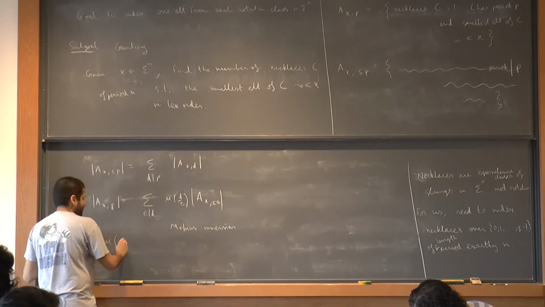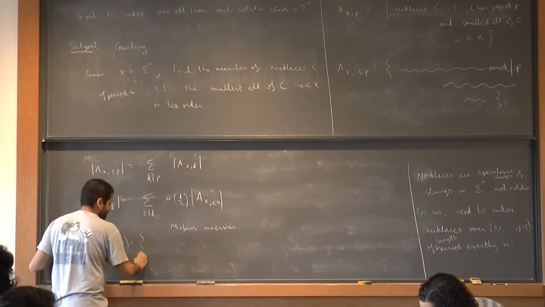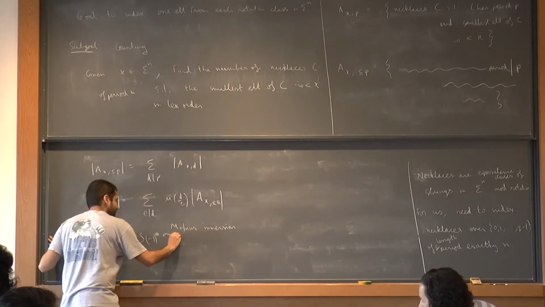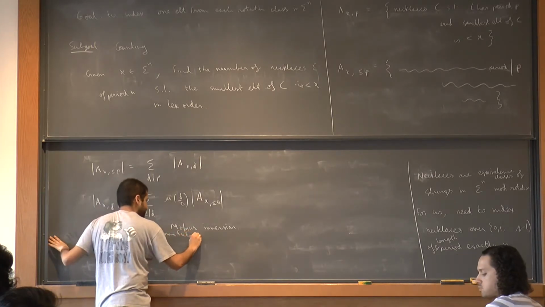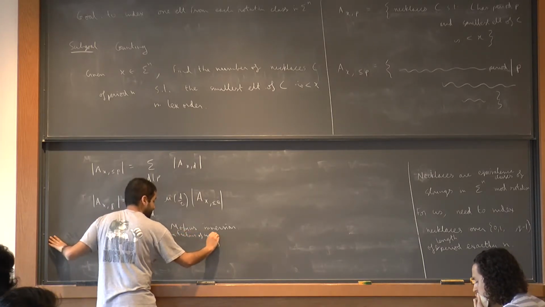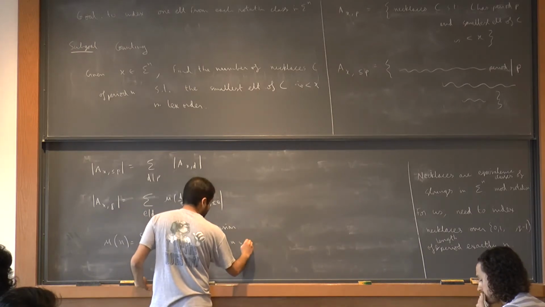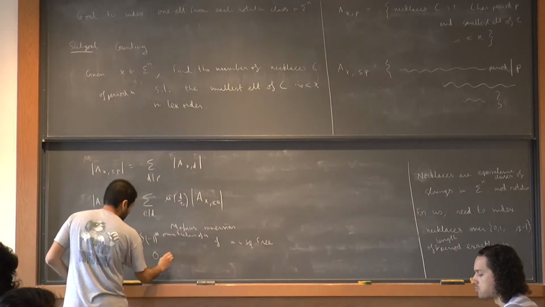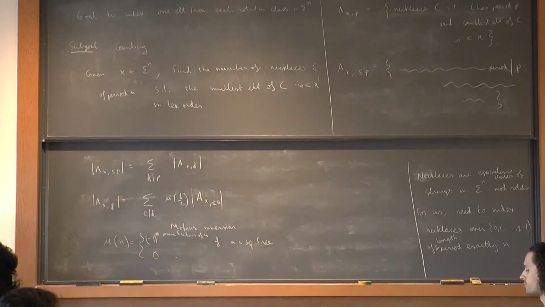Mu of n equals -1 to the number of prime factors of n if n is square free, meaning it has no prime square factors, and 0 otherwise. This is called the Mobius inversion formula.